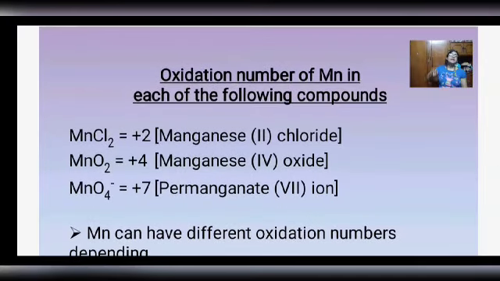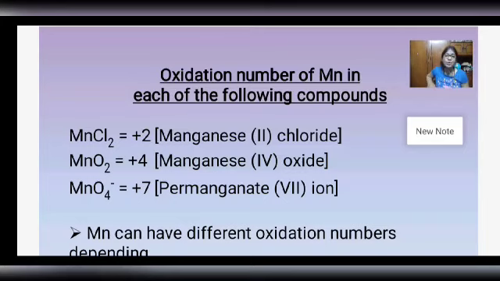Now, let us analyze the oxidation state of manganese in the following examples. In case of MnCl2, manganese chloride has oxidation state of +2 because each chlorine has an oxidation number -1. So, 2 chlorines combine to -2, and in order to make MnCl2 0 oxidation state, Mn has to have an oxidation state of +2.